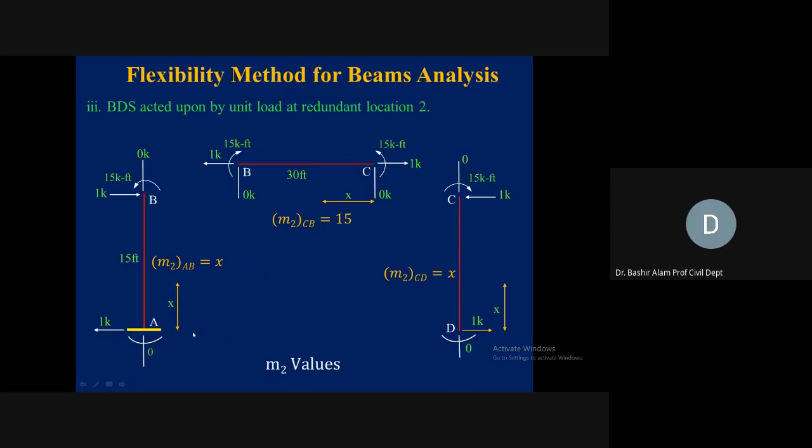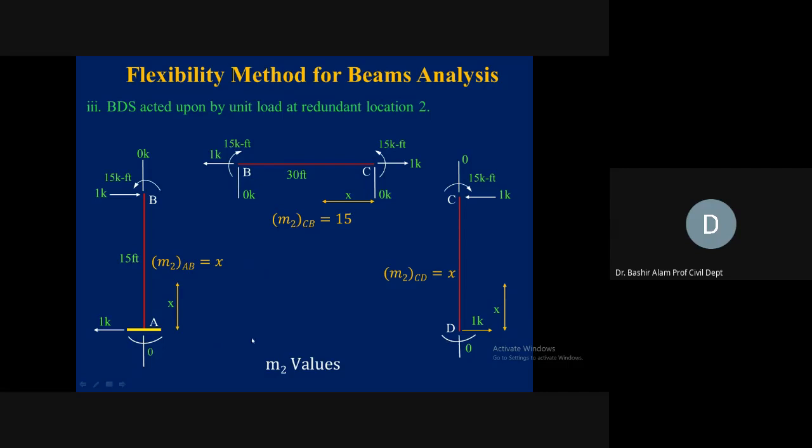It is taking the effect of all these externally applied actions. 1 kip to the right, so 1 kip to the left, summation of Fx is satisfied. Summation of Fy: we don't have any vertically applied load, so this vertical reaction at A becomes equal to 0.